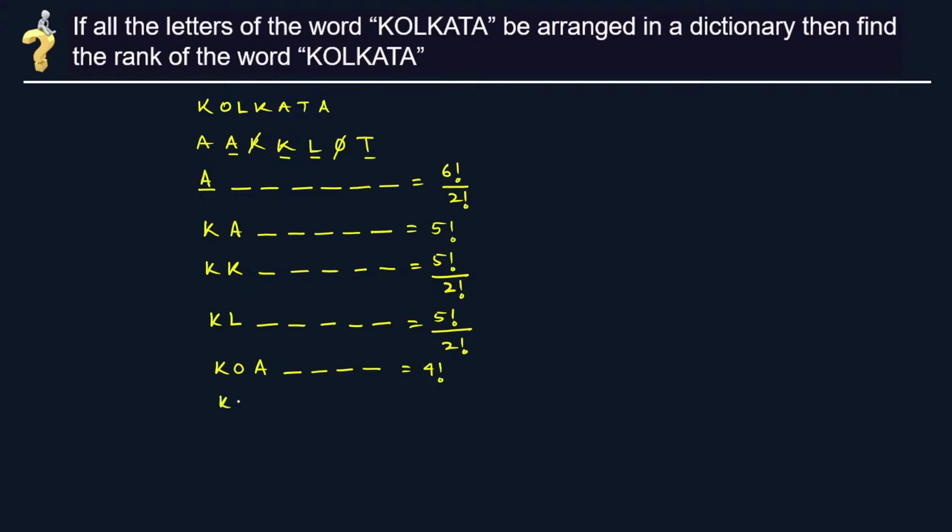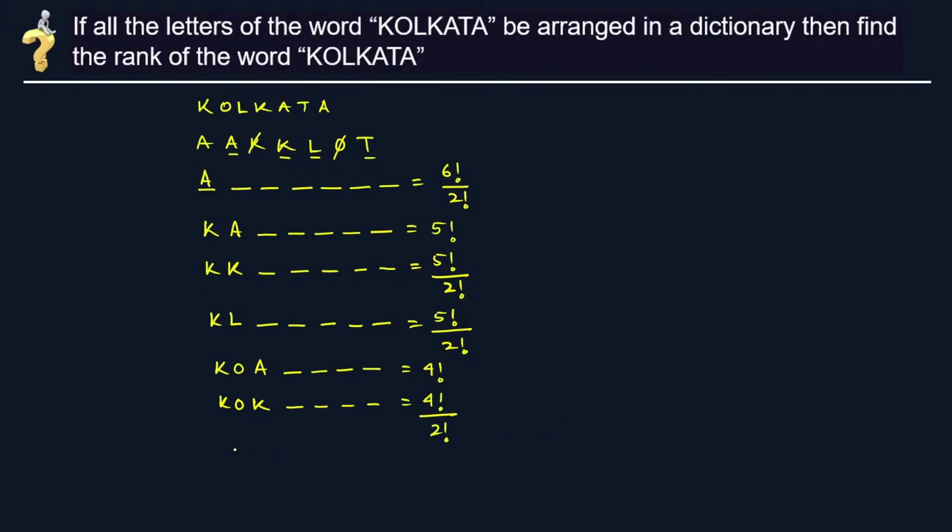After A, it will take the letter K. Is it clear? So now we are again left with 4 places, but here 2 A's are available, so these 4 places will be arranged in factorial 4 divided by factorial 2 different ways.